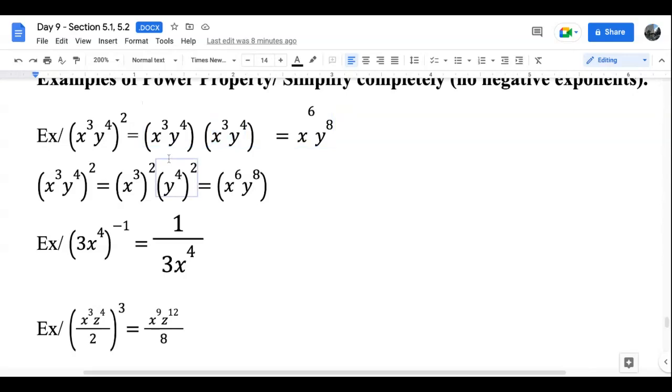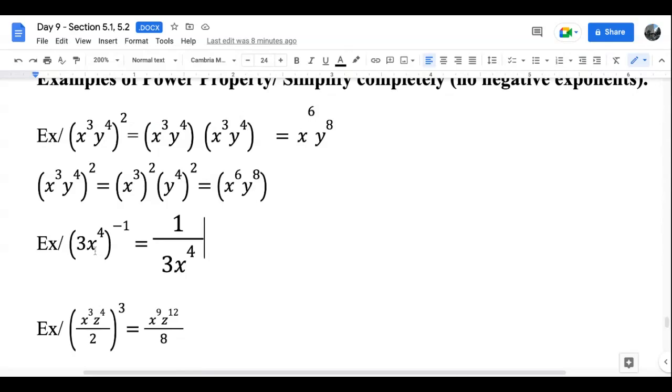Then we can do product of same base. So that's x raised by 6, y raised by 8, because 4 plus 4 is 8. But another way of doing it is to just distribute this 2. 2 times 3 is 6, 2 times 4 is 8. So we have x to the 6th power, y to the 8th power.